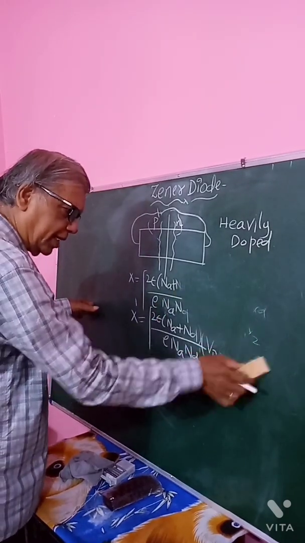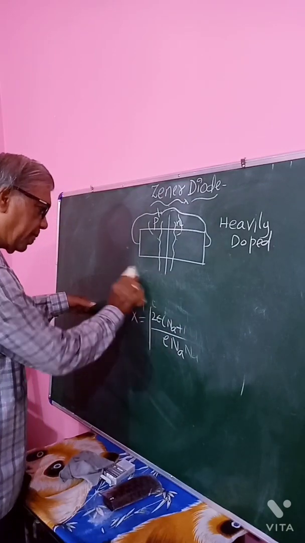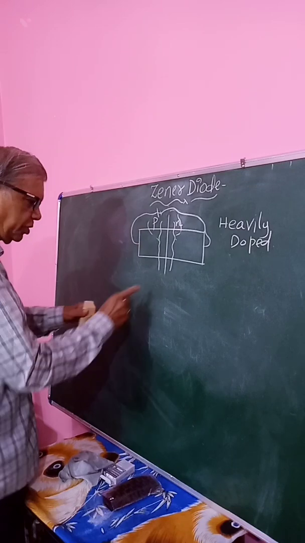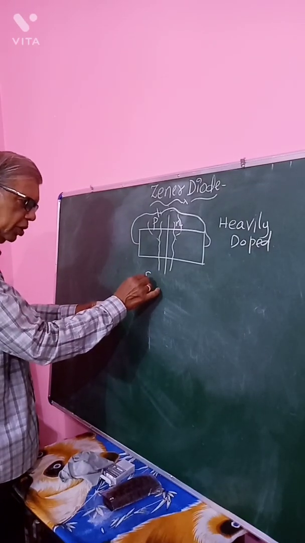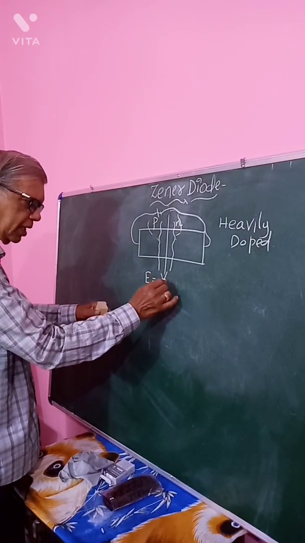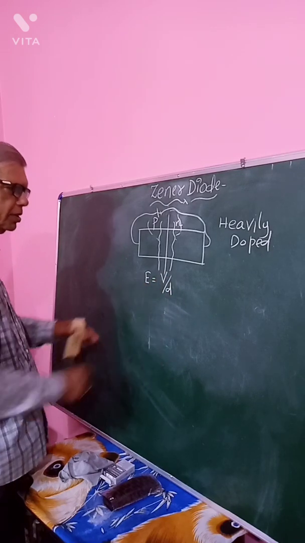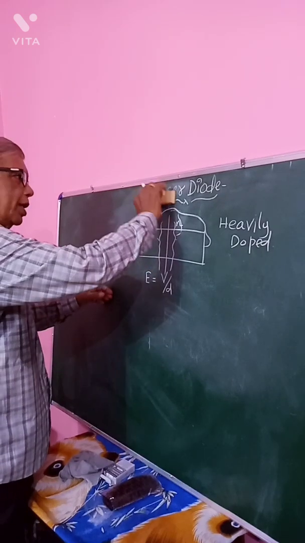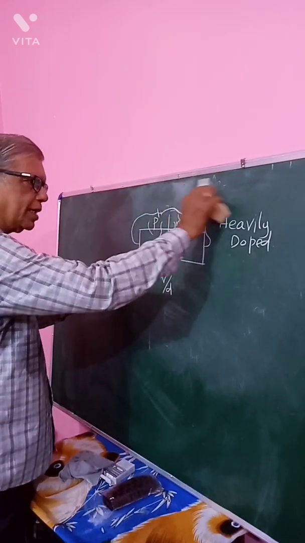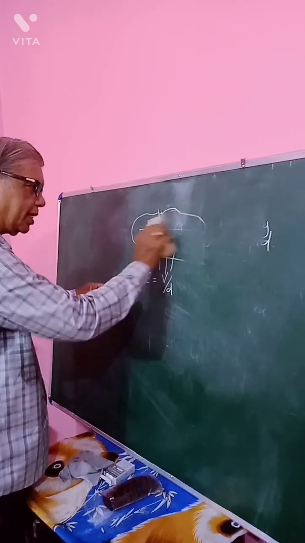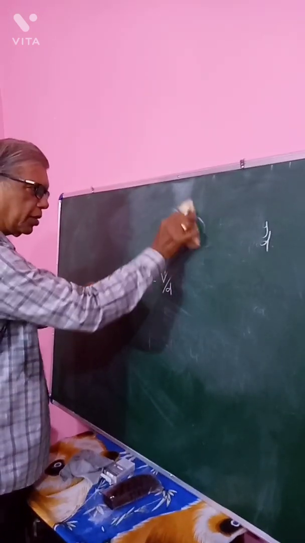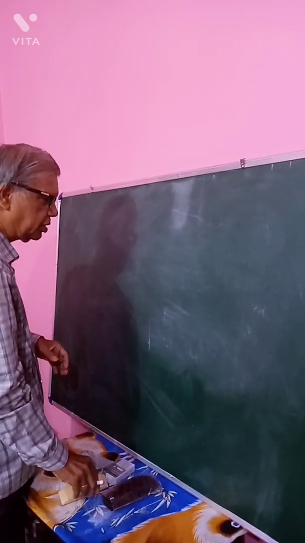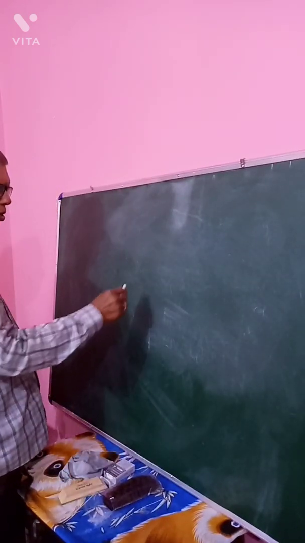Since the thickness is very small, intensity across the junction, which is potential difference by thickness, becomes very large. So what is the advantage of making intensity very large in case of Zener diode, which is due to decrease of width of the junction?